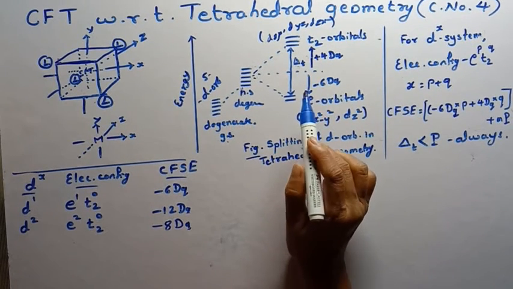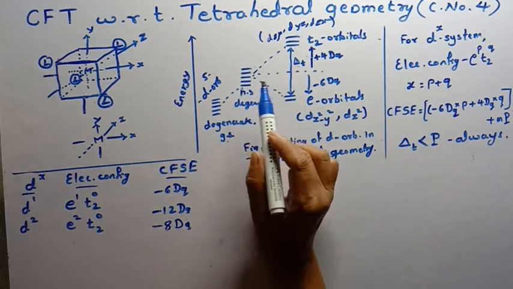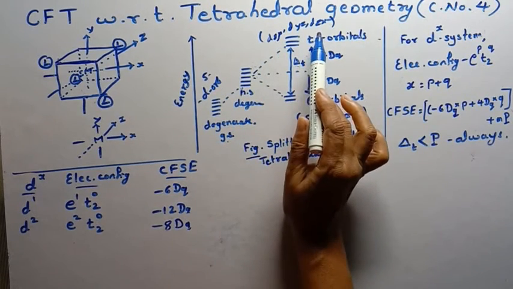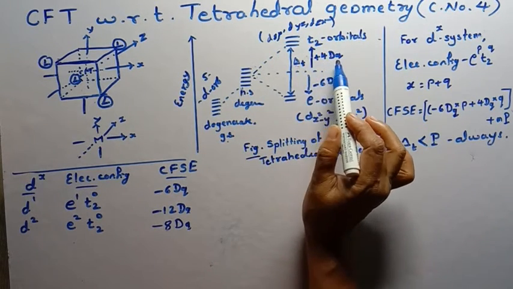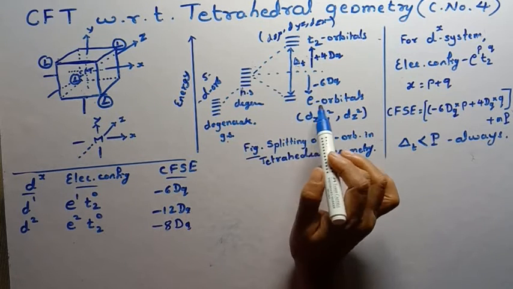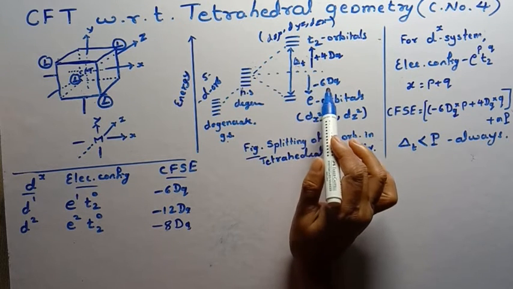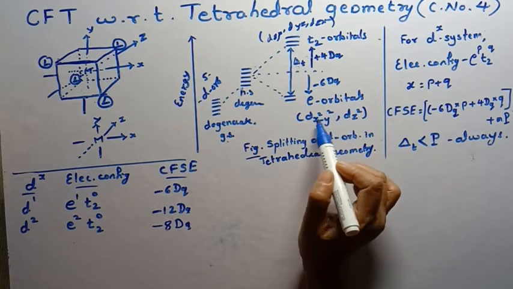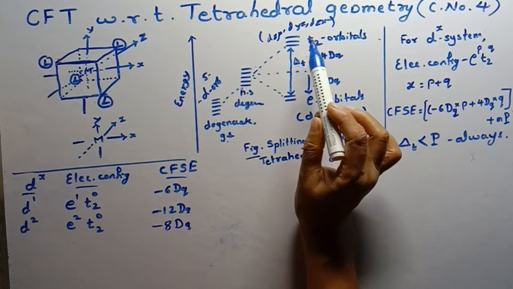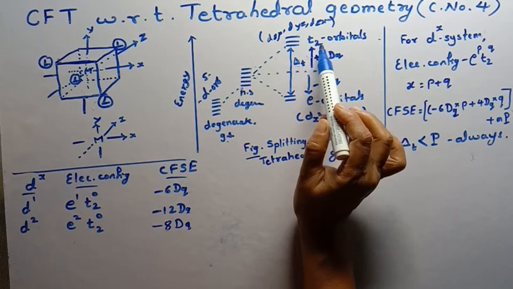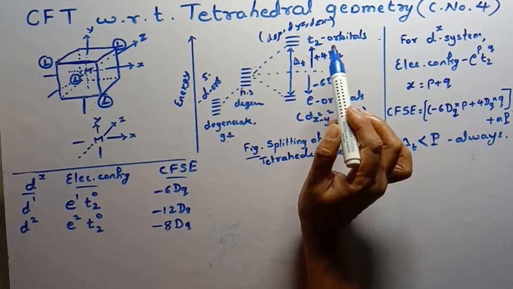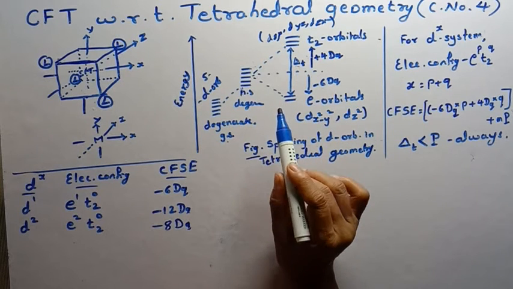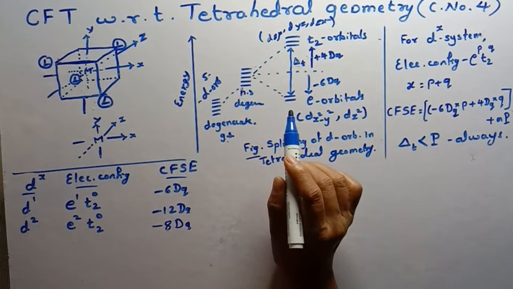Hence out of the 5 d orbitals, these 3 are raised by plus 4 Dq energy, and these two are lowered by minus 6 Dq energy. These two orbitals are named as e orbitals, and these three orbitals are named as t2 orbitals. And this is exactly opposite to what happened in case of octahedral.